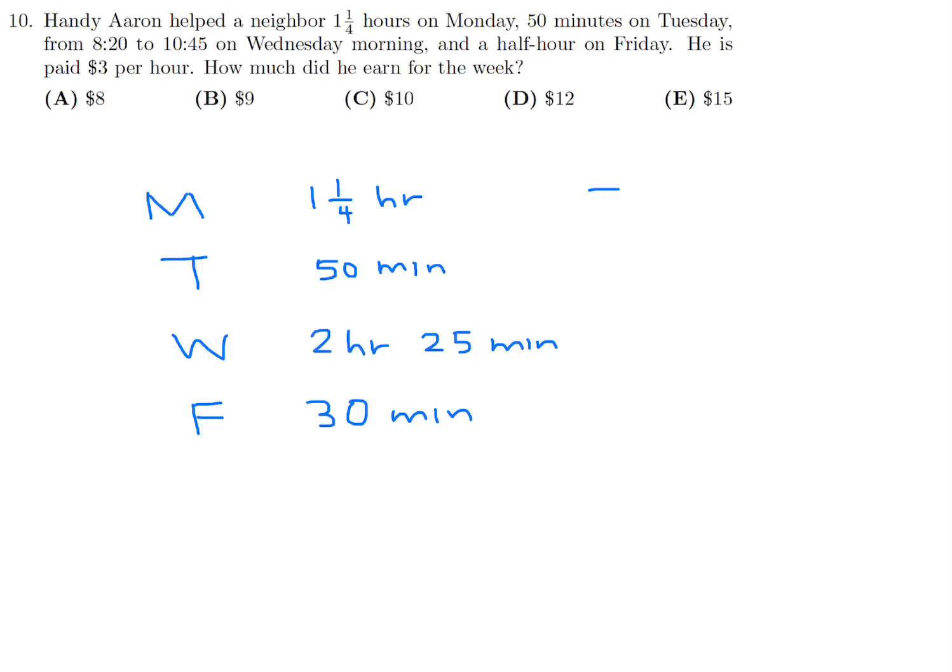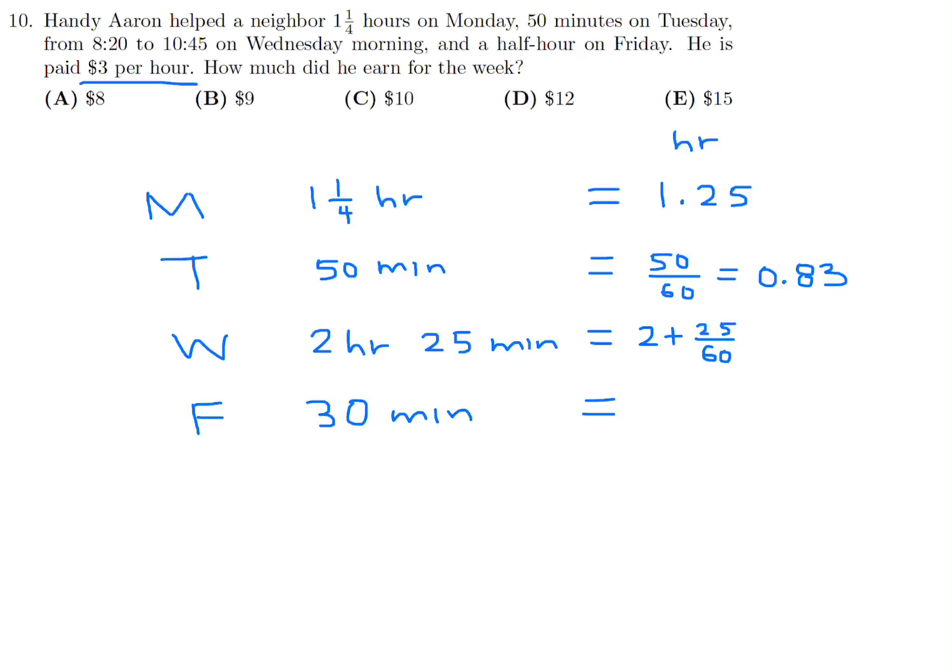All right. So the best thing to do is convert all of these to hours because we've got $3 per hour. So 1.25 in terms of decimals is 1.25. 50 minutes over 60 minutes, if I'm going to make that into a decimal, it'll be about 0.83. We've got 2 hours and 25 minutes, so that's 2 and 25 over 60, which is 2.416 approximately.